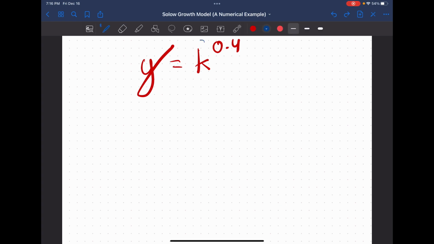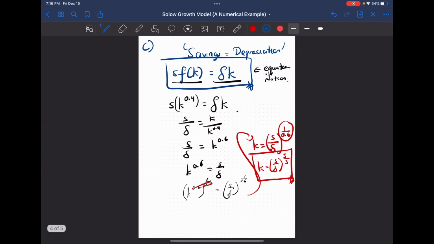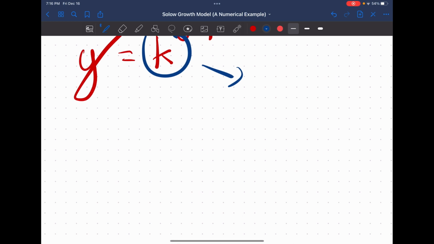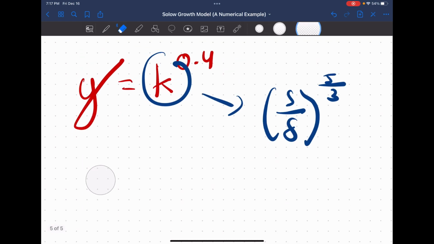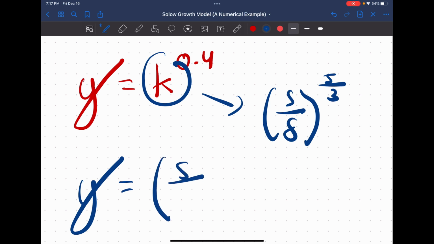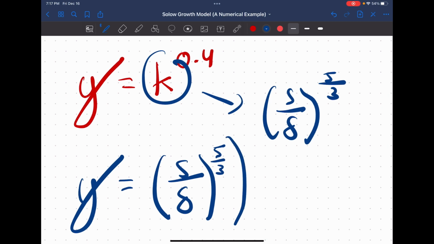Our k, as we have derived on the previous page, is savings over depreciation to the power of 5 over 3. So it's simple. Now we just write everything, savings over depreciation to the power of 5 over 3. Then since our production function is k to the power of 0.4, we put another bracket and raise it to the power of 0.4, which is 4 over 10.